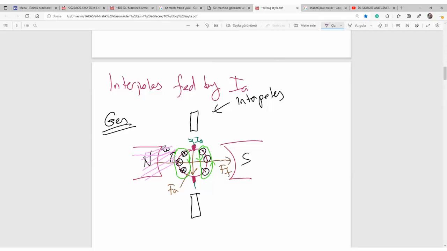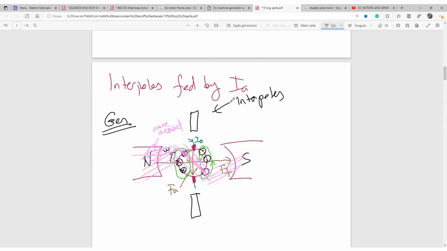So here will be a more dense region. Field lines will be pushed down here and here.